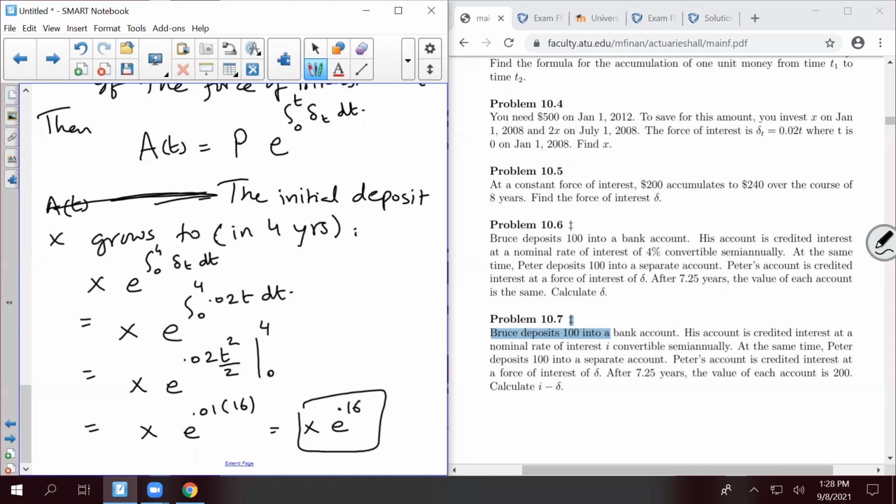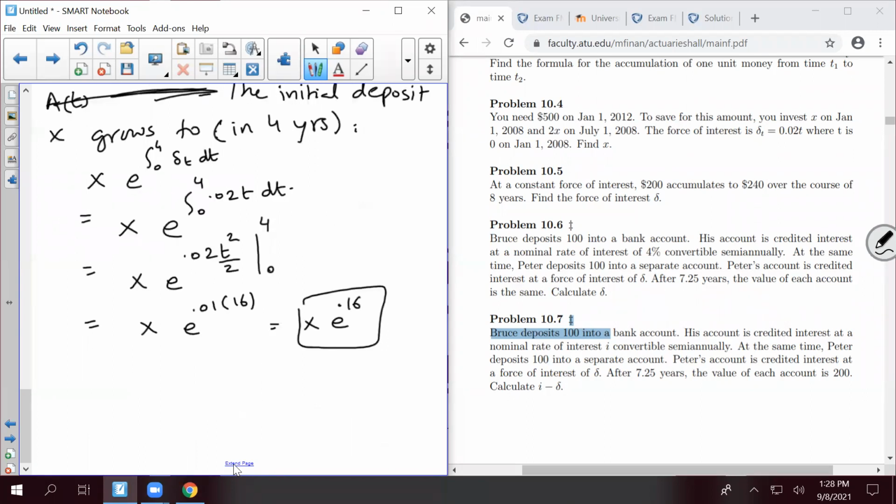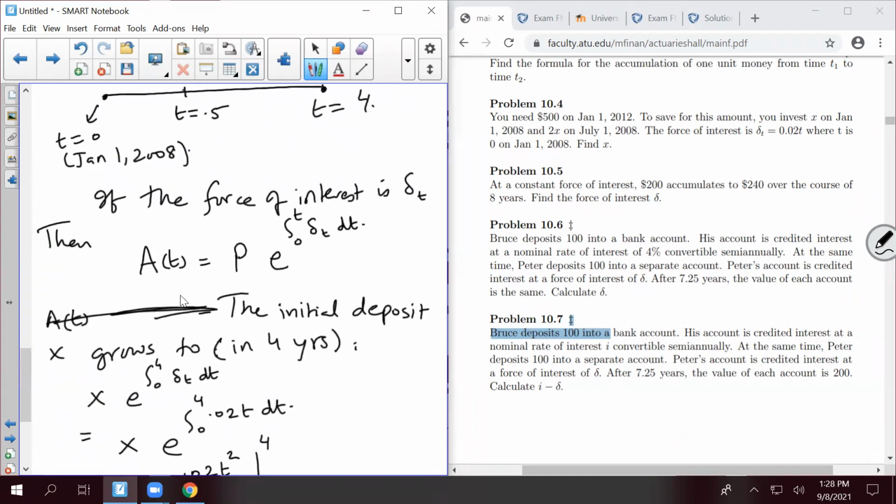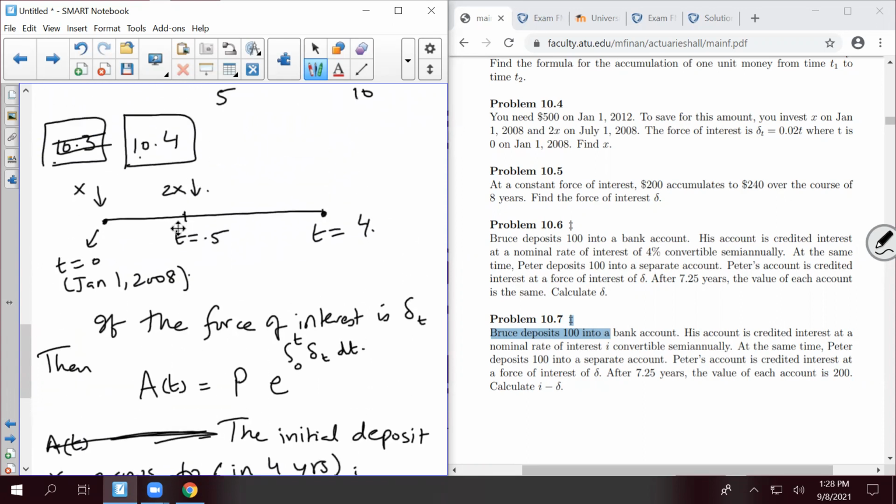And now do the same thing with the deposit 2X. 2X grows to, now, you may be tempted to say that, okay, this 2X sits for 3.5 years because it comes in here at half a year and we collect it at time 4.